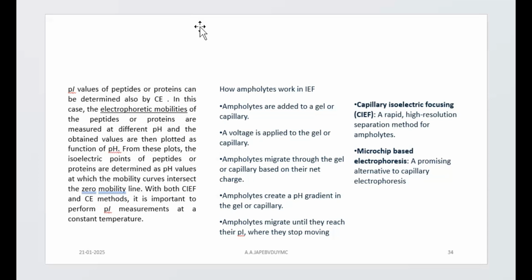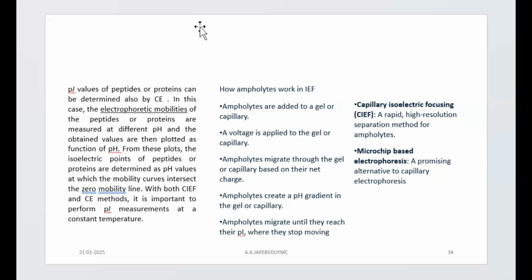Here you can take the help of the CIEF technique or the CE method, which are important. When I say CIEF, it is capillary isoelectric focusing, and when I say CE, it is capillary electrophoresis. In capillary electrophoresis, the gel is of one type, a uniform gel, but when we talk about capillary isoelectric focusing, of course you are going to have better, higher resolution because you are using a gradient gel.